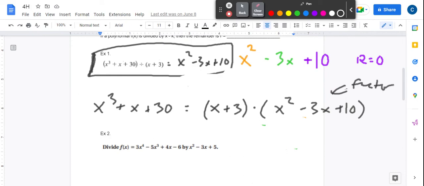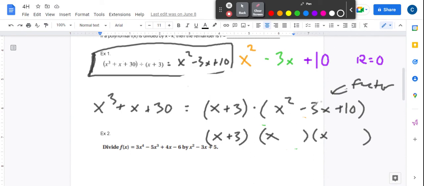Okay. Going back to our factoring thing here, we still have our x plus 3. If we're to factor this, we're going to find two terms that multiply to 10 and that add to negative 3.